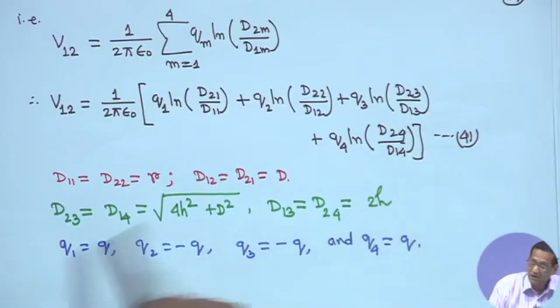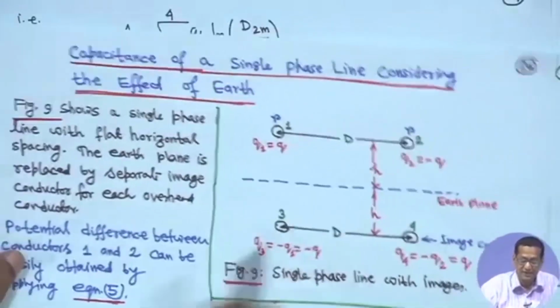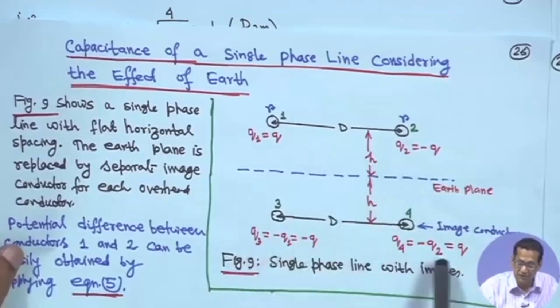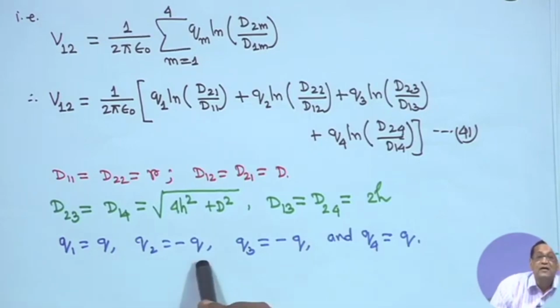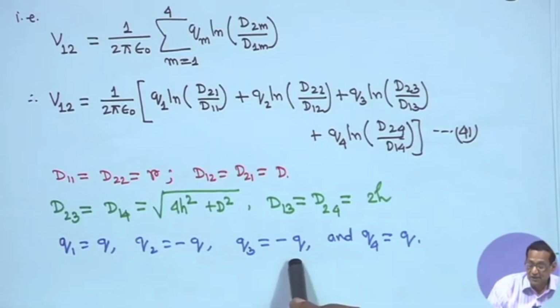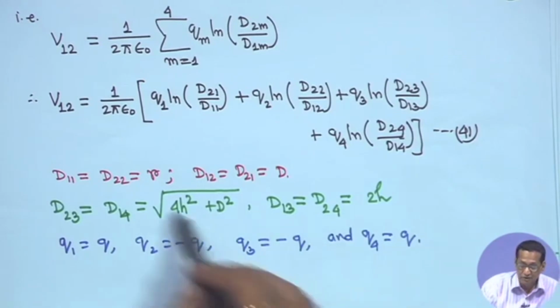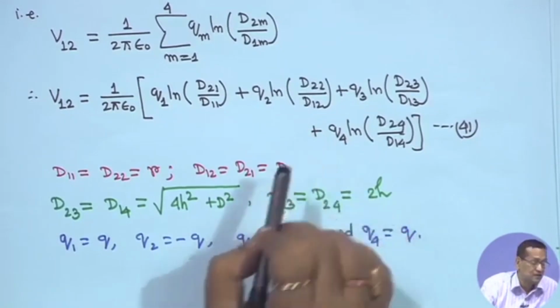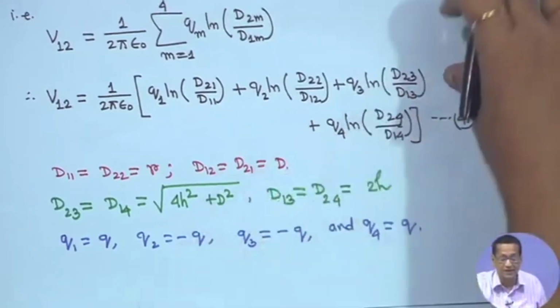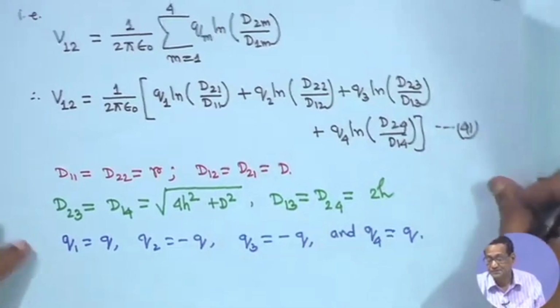Now, here everything is defined, q1, q2, q3, q4 all are defined. Therefore, q1 is equal to q, q2 is equal to minus q, q3 is equal to minus q, and q4 is equal to q. So, all these things you substitute in equation 41 and simplify, right.